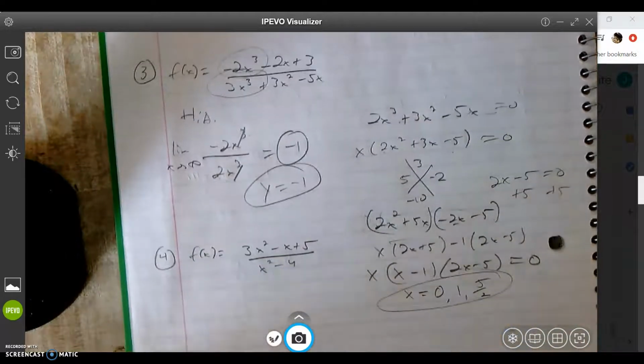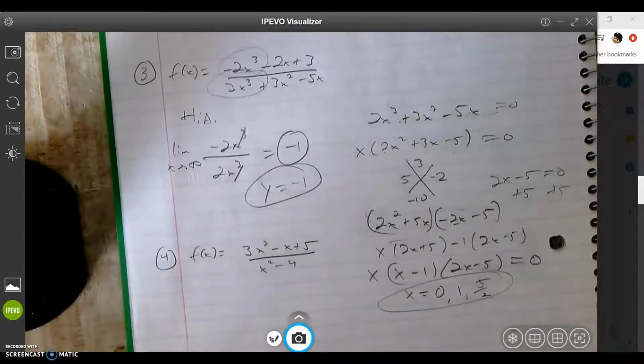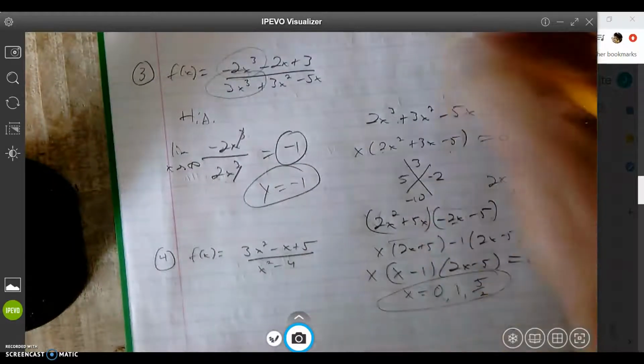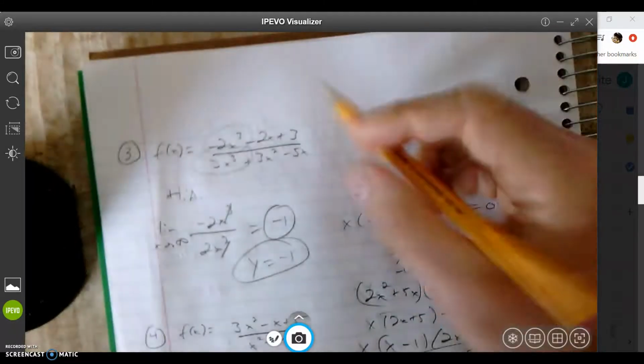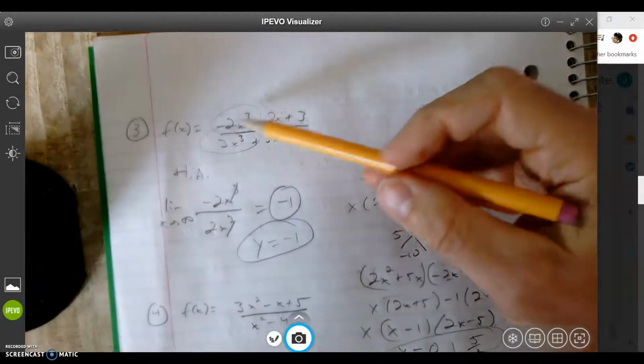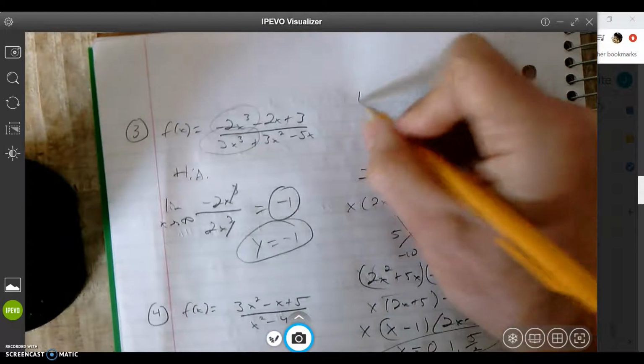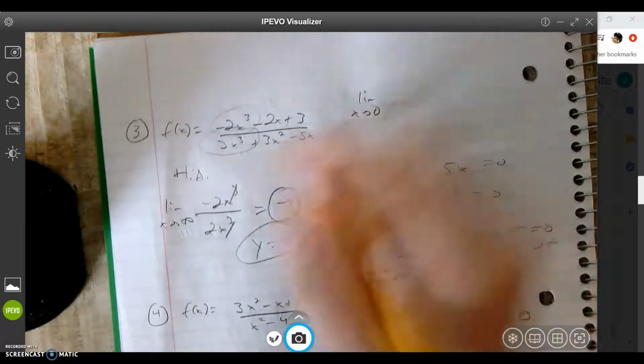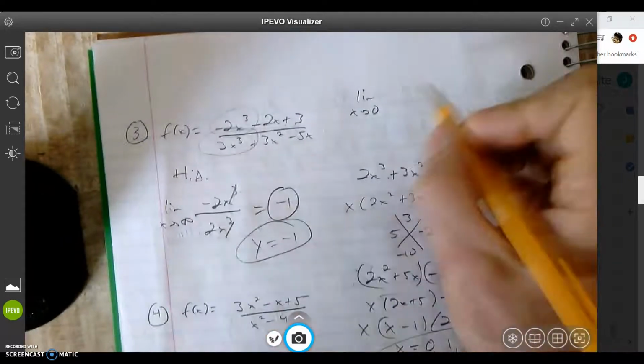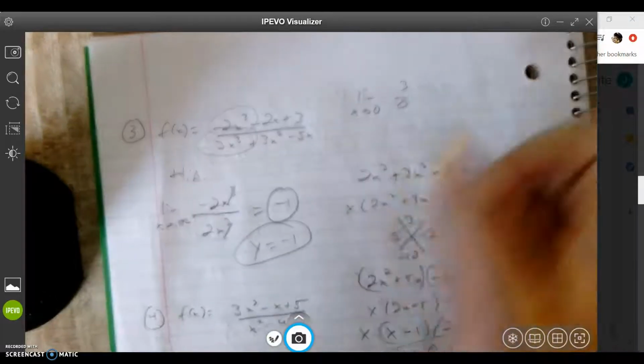All these are potential vertical asymptotes. So how do you determine which one is the correct one? Well, you have to plug it in to make sure. If you plug in 0, you're going to get an undefined limit. So the limit as x approaches 0, the other terms are 0, so you just have 3, and there's 0 on the denominator. Bam.